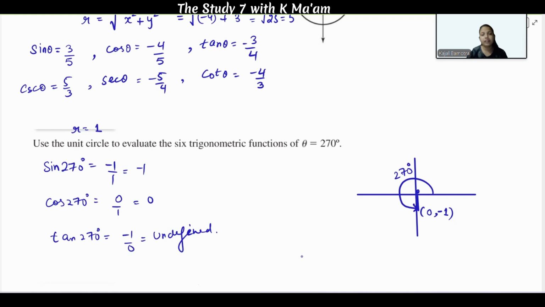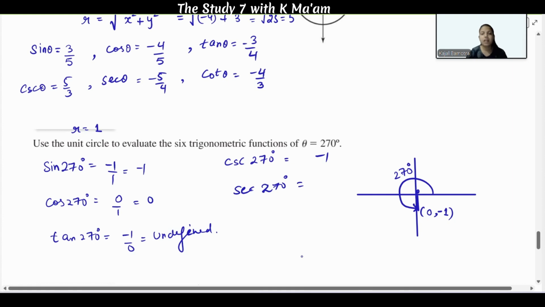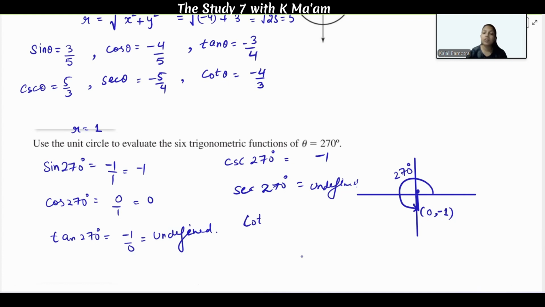Then you can take the reciprocal quantities. Cosecant of 270 degrees is negative 1. Secant of 270 is undefined. And cotangent of 270 degrees is 0. Done.